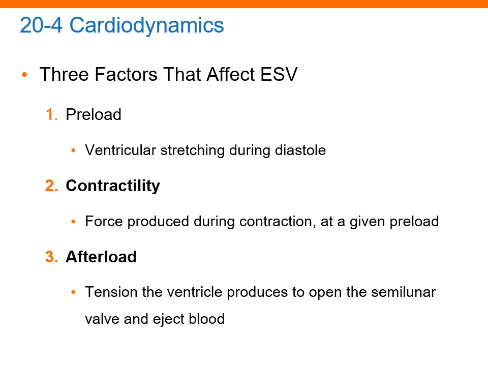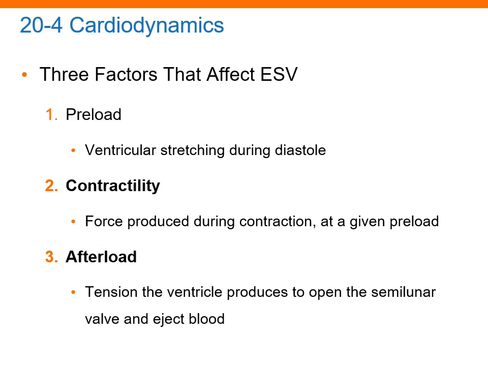Afterload is going to make it harder for the heart to pump blood forward, right? So that may increase your end systolic volume. Okay, so most of these things you could simply think of, hopefully just logically, right? Just think, okay, if the afterload is high, meaning the arteries are constricted, the heart's going to have trouble getting blood out.